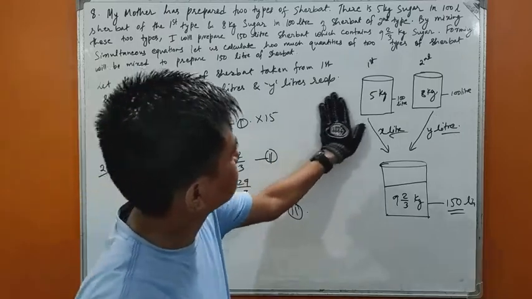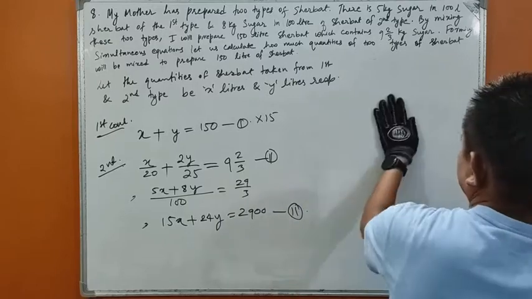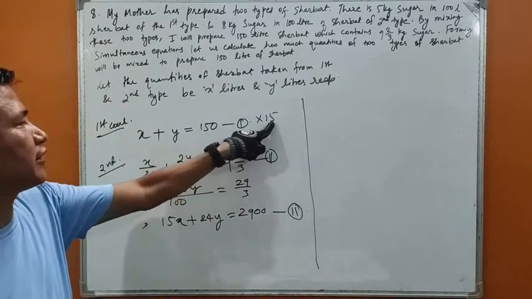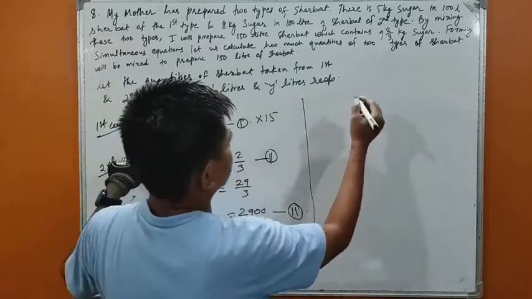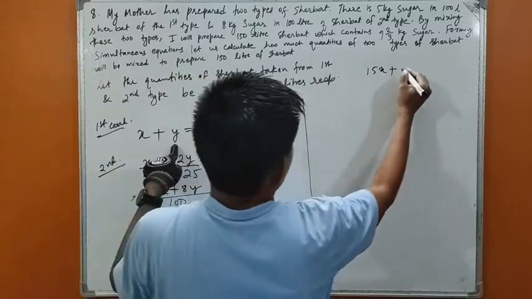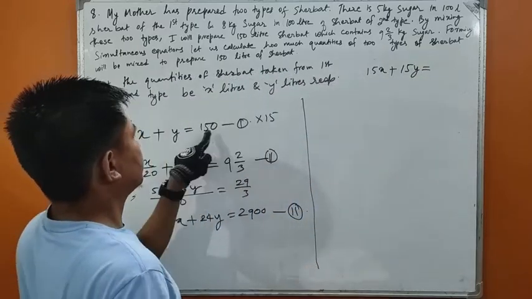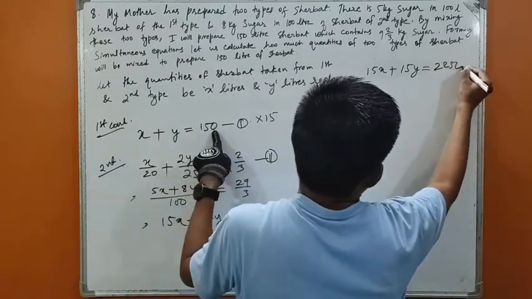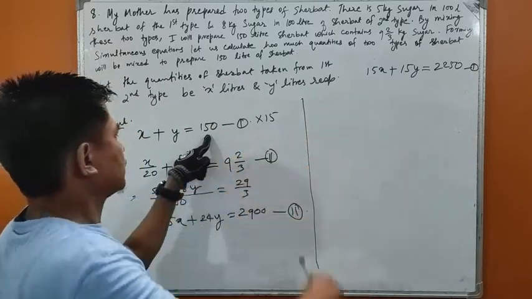So let me erase this, okay. Now I am rewriting equation 1 by multiplying by 15. 15 into x is 15x, isn't it, plus 15 into y is 15y equals 15 into 150. 15 5s are 75, and this 0 comes here. 15 into 150 is 2250, okay.